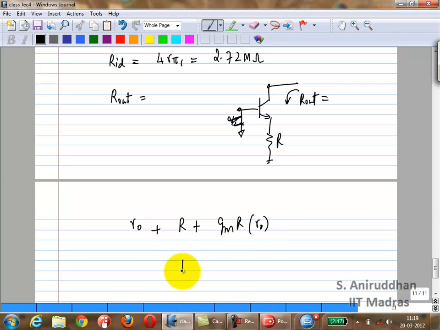Capital R is, in this case, let me call this R prime. Is this right? Is that what you're saying? Doesn't seem right. So you're saying it's this? Yeah, that's exactly what they're saying. So this is the accurate expression.